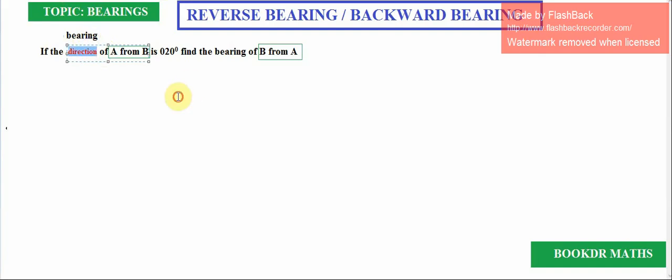It will be read as: if the direction of A from B is 120 degrees, find the direction or the bearing of B from A.